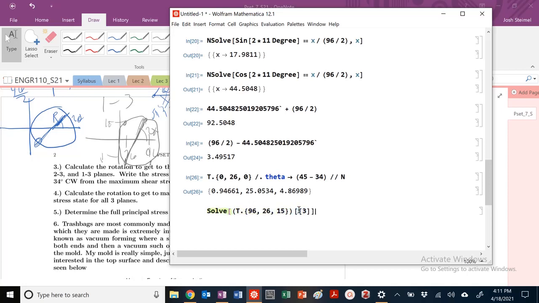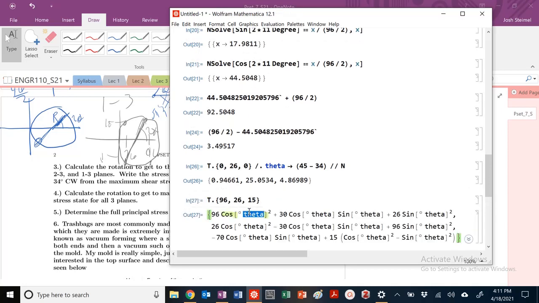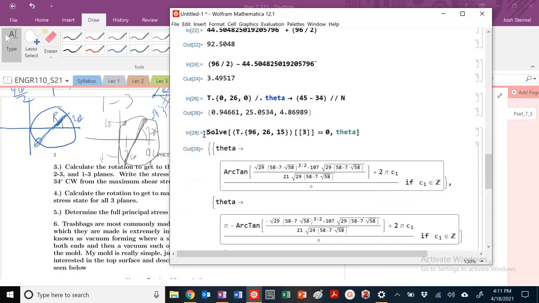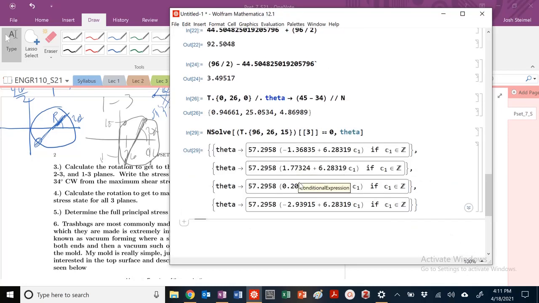I know this is going to give me 3 equations when I multiply this. So I have 3 equations in here. 1 equation here, 2 equations here, because I'm dotting it to get this shear stress. So I know I'm in my principal stress state when that shear is equal to 0. So I set this equal to 0, solve for theta, and let's do this numerically, and voila.